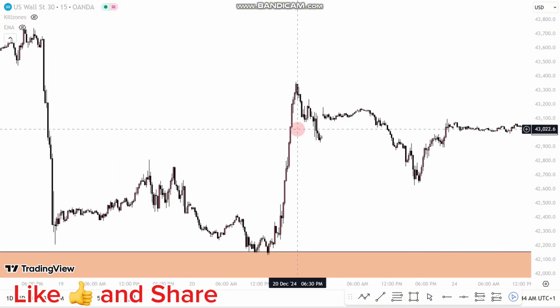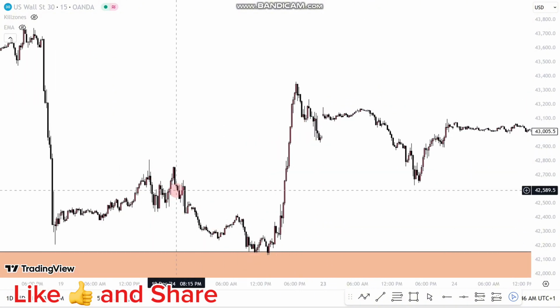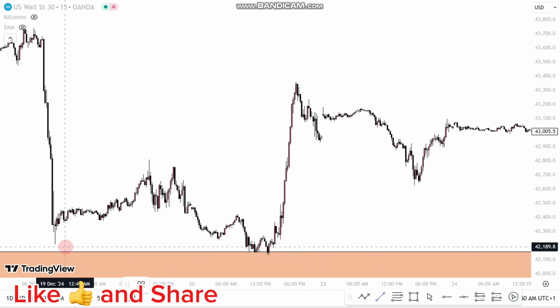The first tap on the demand area was very simple, because price came almost close to it and failed to tap into it.